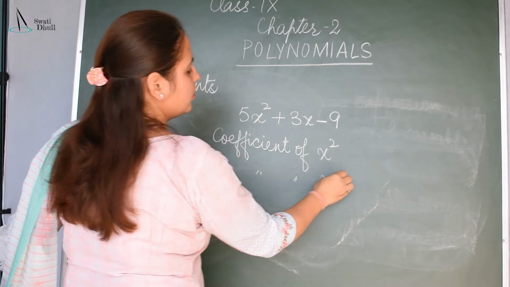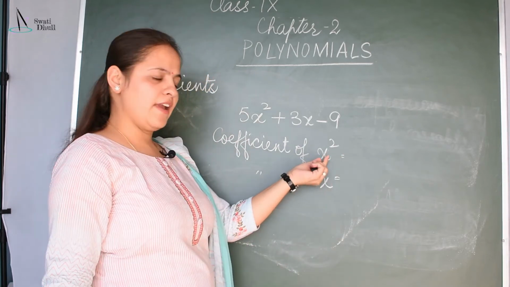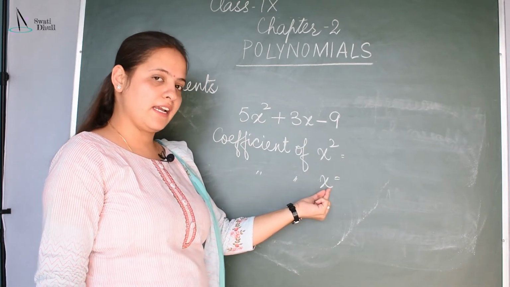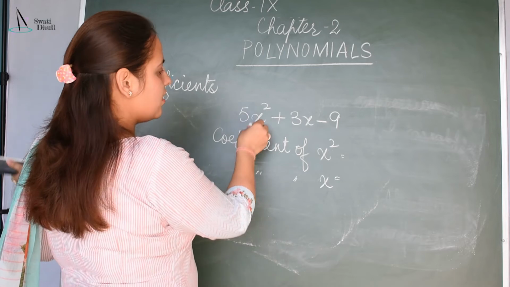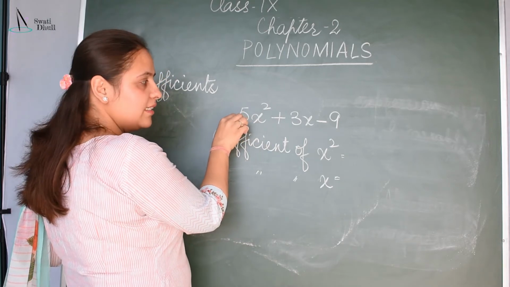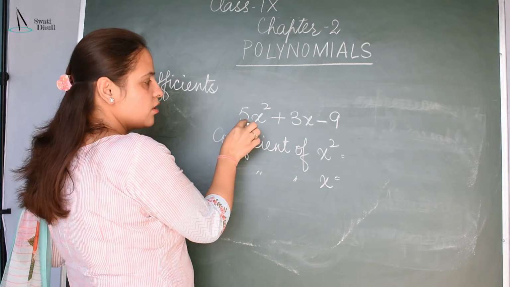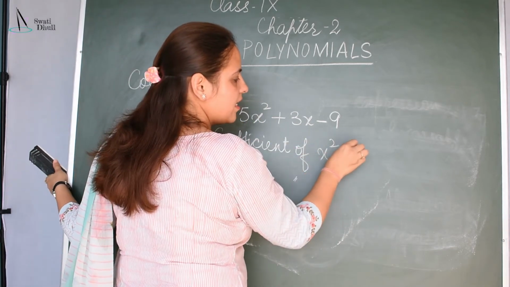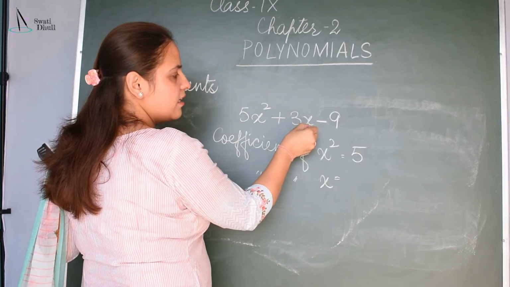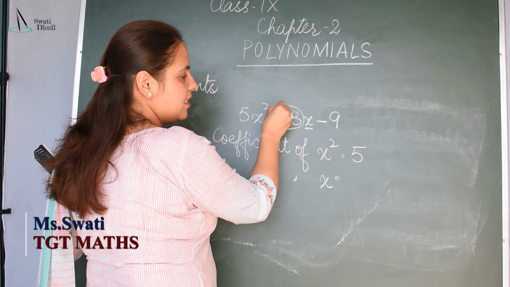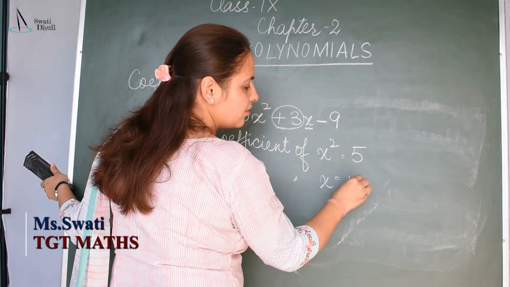We are finding both things, the coefficient of x square and the coefficient of x also. Now see, whatever is the constant term multiplied with x square, that is your coefficient. So here the coefficient of x square is 5. And if you see here, the coefficient of x is plus 3.